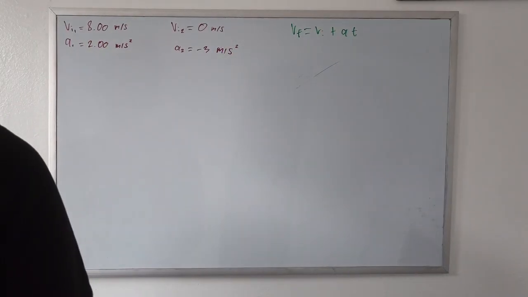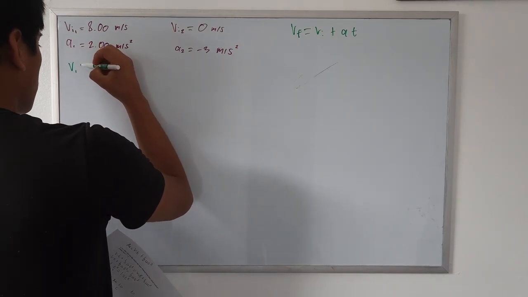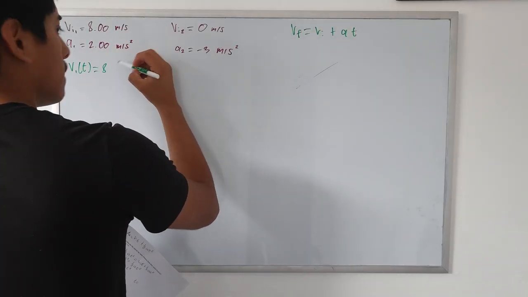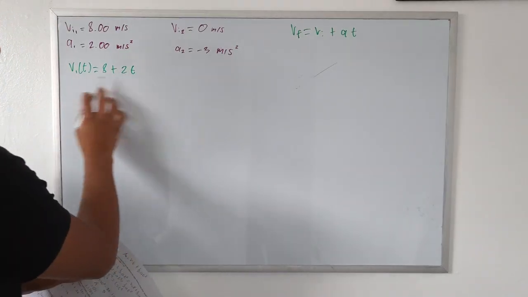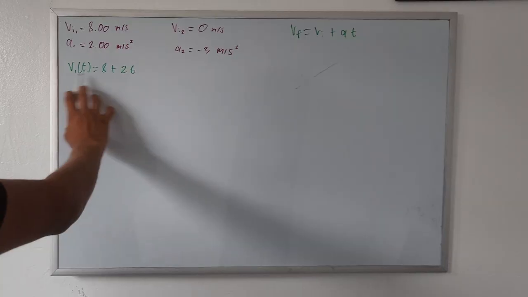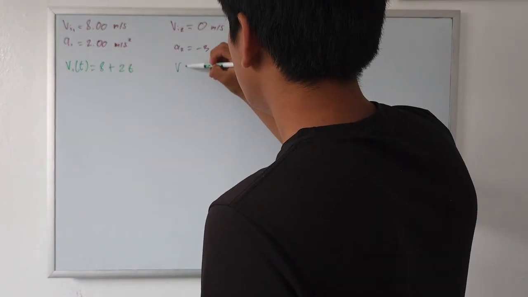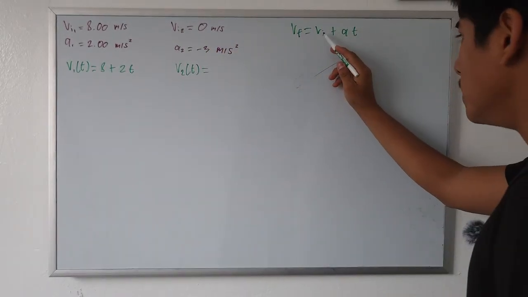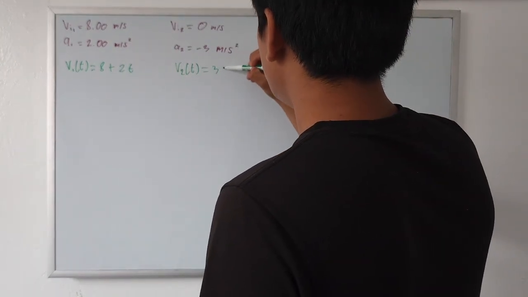So the equation for this one is v1 of t equals velocity initial, which is 8, plus the acceleration times t. This equation gives you this object's velocity at any given time. Then we're going to do the same over here. So we have v2 equals, that one is going to become a 0, so we just have acceleration and time. And since we just care about the magnitude, we're going to do 3t.